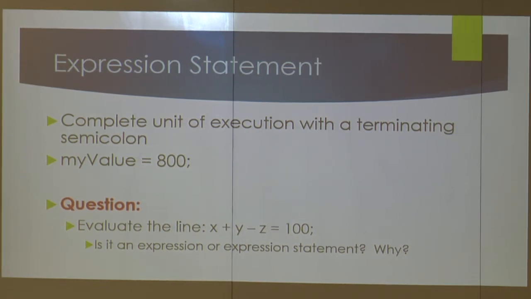But another common mistake that students make is they want to put some of the math or calculations on the left side of the equal sign, where really they should be going on the right side. Because we don't really want to be setting x plus y minus z equals 100, because that doesn't mean anything for x, y, and z independently. It doesn't tell us anything about that. So we'd want to do something more like x equals y minus z plus 100. We don't want to have the calculations on the left. That gets confusing and it's not proper syntax.